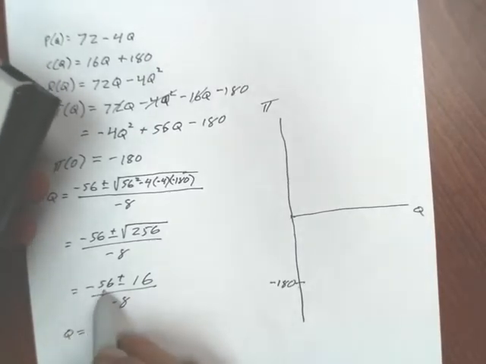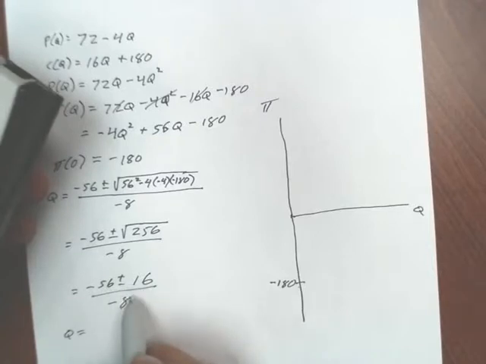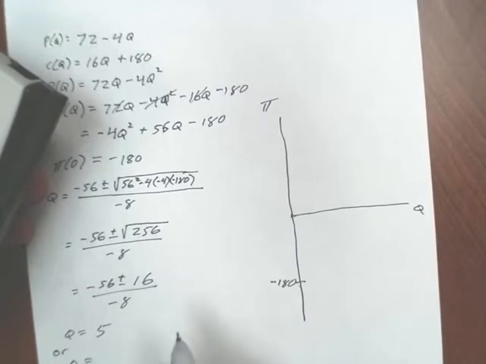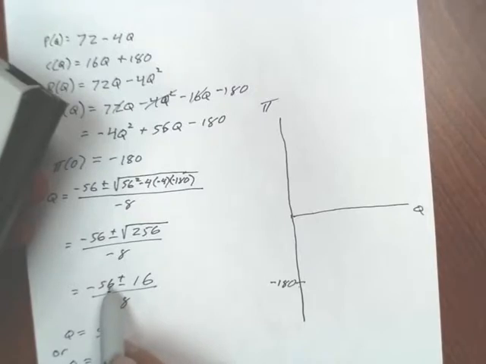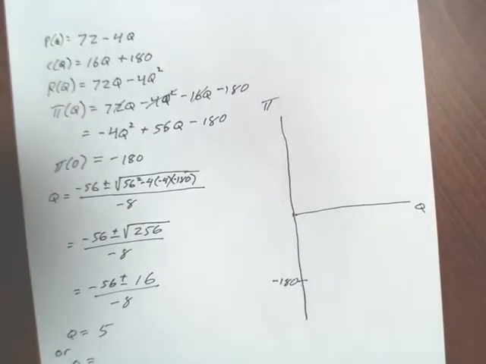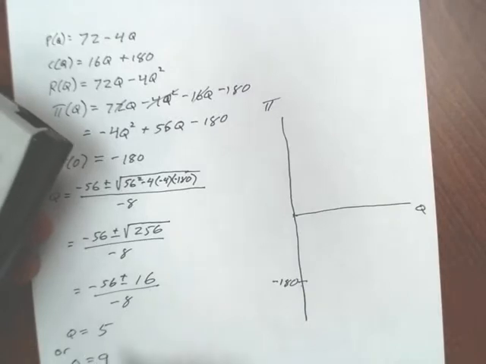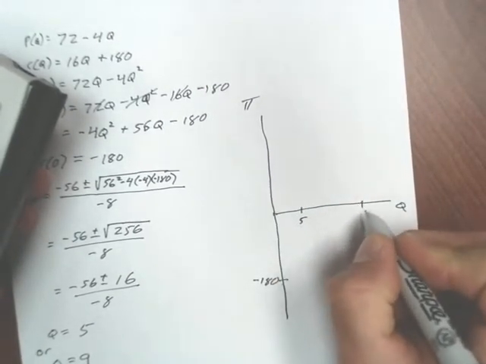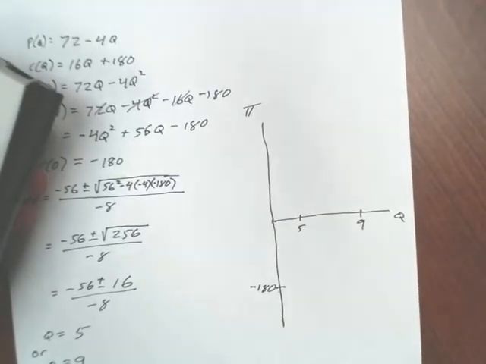So Q equals negative 40 over negative 8, which is 5, or Q equals negative 72 divided by negative 8, which is 9. Those are my two Q-intercepts, 5 and 9.